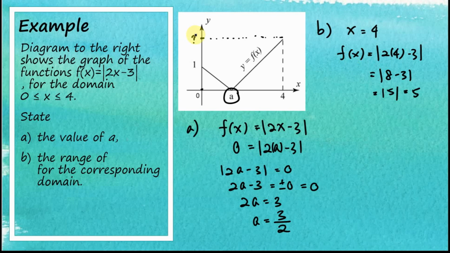Therefore the range for the image f(x) must be greater or equal to 0. The lowest value of the image is 0, and the highest value for the image is 5. So the range is 0 to 5.